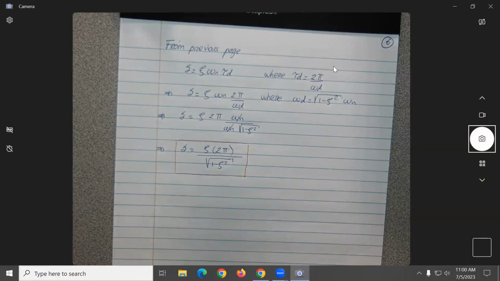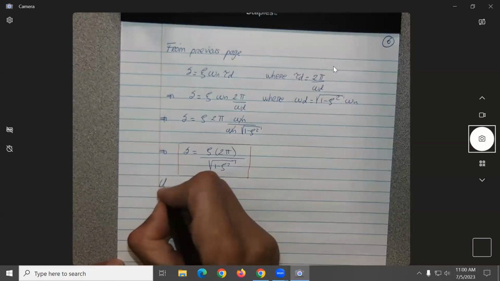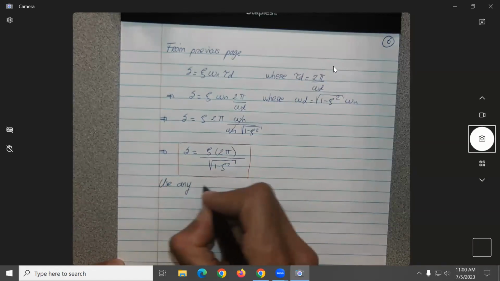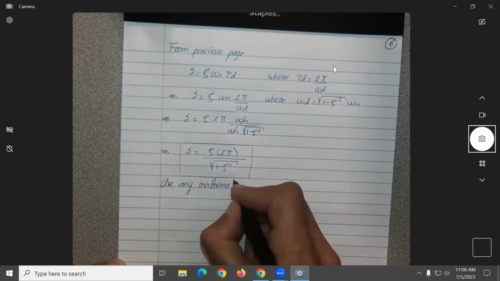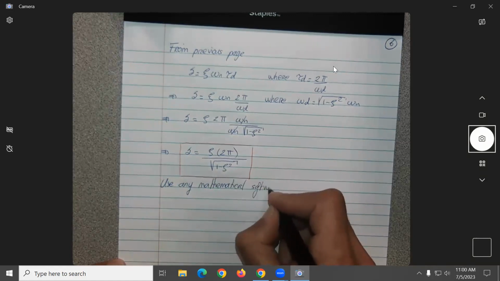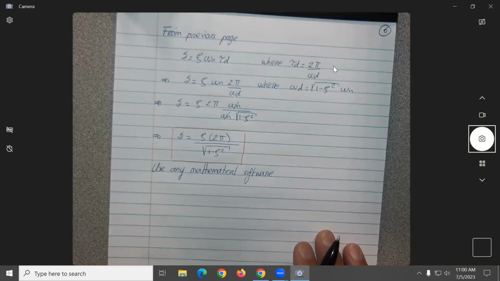Okay, so here we have two more lines to say. I'm going to put here: use any mathematical software, because I'm not going to do it in class. It's not complicated, but I don't think it's the intent of the class.